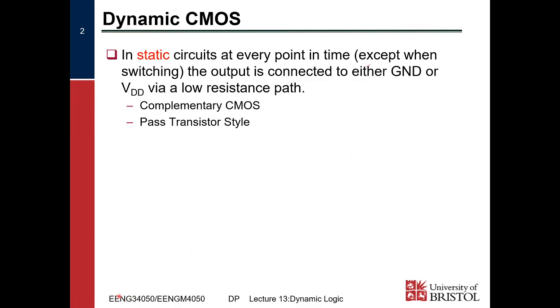In our pass transistor style, we expect that our inputs are some way back along the levels of logic connected to VDD or ground, and so we provide the connection to ground or VDD through our inputs. Okay?